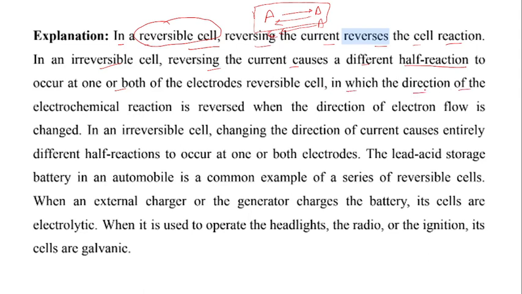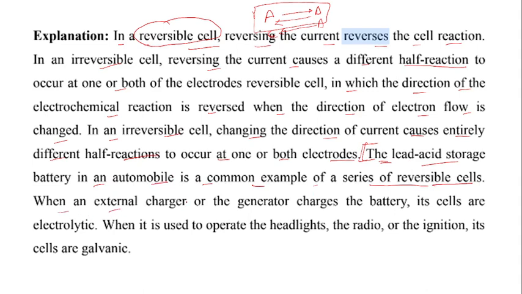A reversible cell is one in which the direction of the electrochemical reaction is reversed when the direction of electron flow is changed. In an irreversible cell, changing the direction of current causes an entirely different half reaction to occur at one or both electrodes. The lead acid battery, we have already discussed, is reversible. The automobile storage battery is a common example of a series of reversible cells.